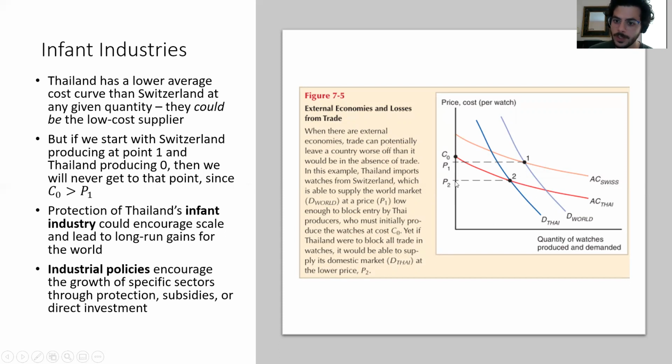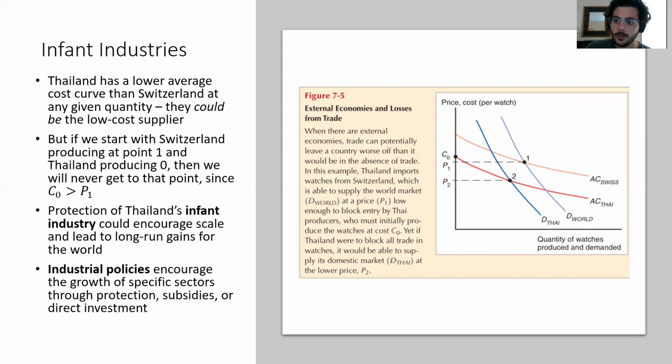Now, since P2 is lower than P1, if we open up to trade at this point, Thailand would become the low-cost producer of watches to the world. Production would shift out here. The world would have more watches overall and at a lower price. So this can be an argument for protecting infant industries.